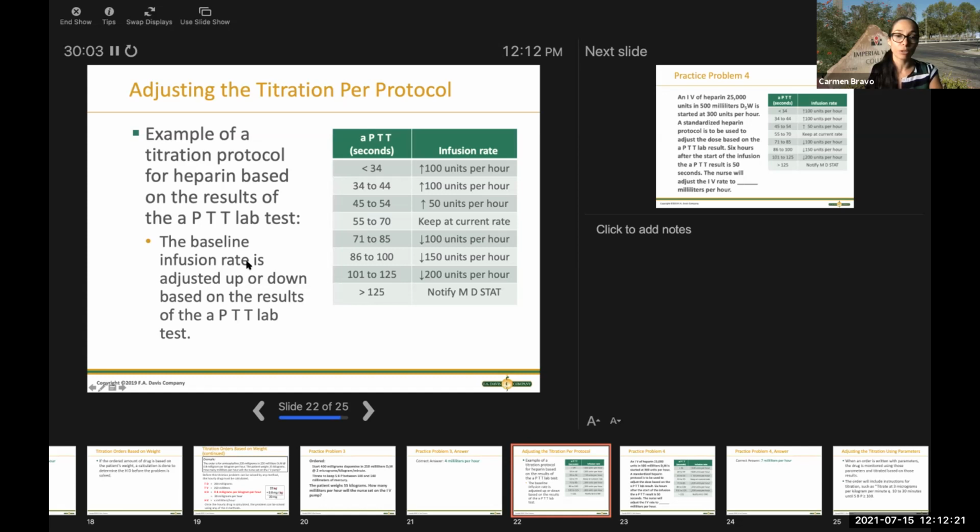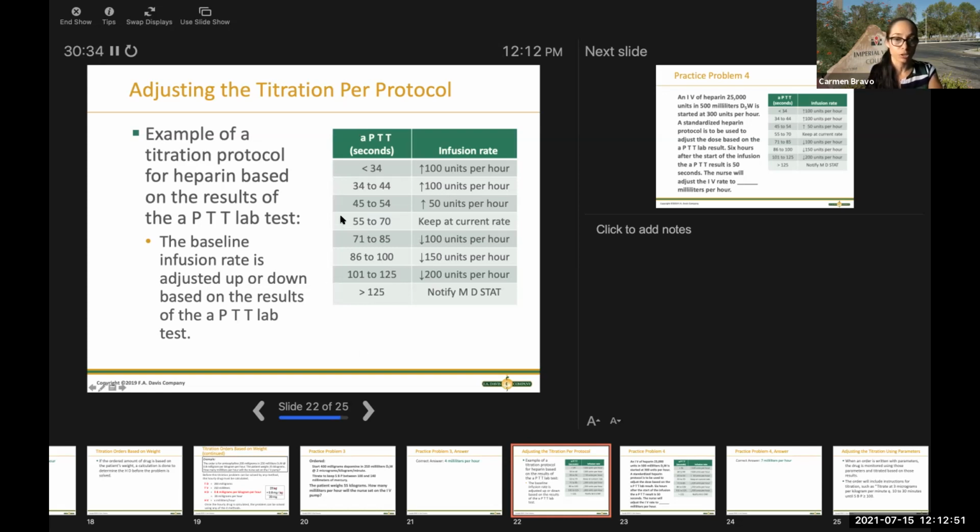So if we are following the protocol, the doctors adjust or titrate the medication based on the lab results or a parameter. In this case, this protocol says the PTT, you guys, what that means is how many seconds or how long it takes for the blood to start clotting. So based on this clotting time, we have to infuse the heparin.